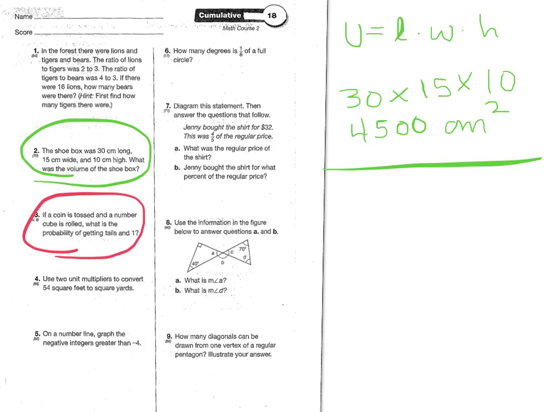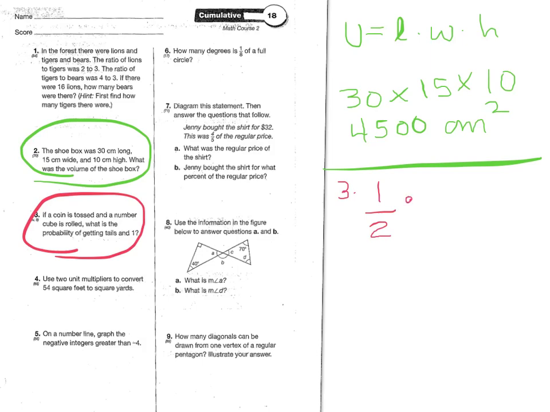That's number 2. Now, number 3 was a really easy problem if you thought about it and followed through. Number 3 says if a coin is tossed and a number cube is rolled, what is the probability of getting tails and a 1? Well, a coin only has 2 possibilities. You can get heads or tails. So probability of getting tails is 1 out of 2 possibilities.